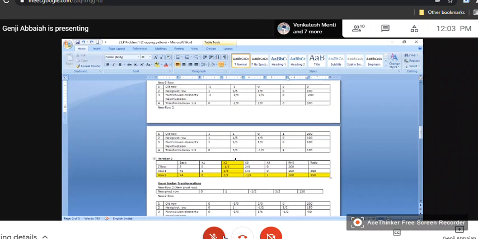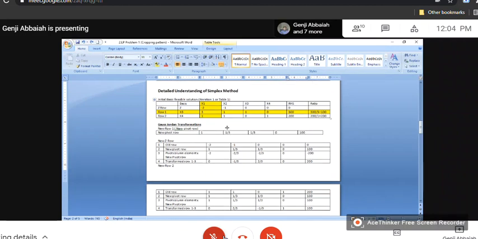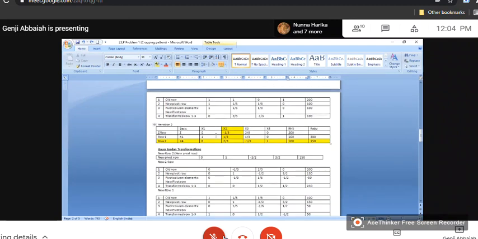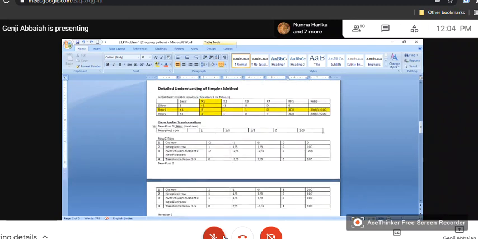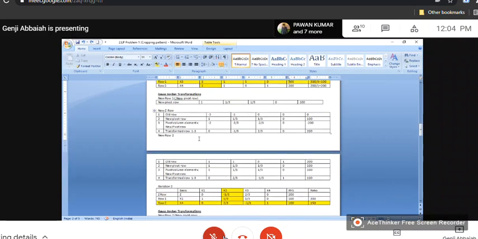So you can see this is iteration table 1. It is also called the initial basic feasible solution table or table 1. From this table the next table is obtained. For that we have to follow a certain procedure, and that is also explained here, right?